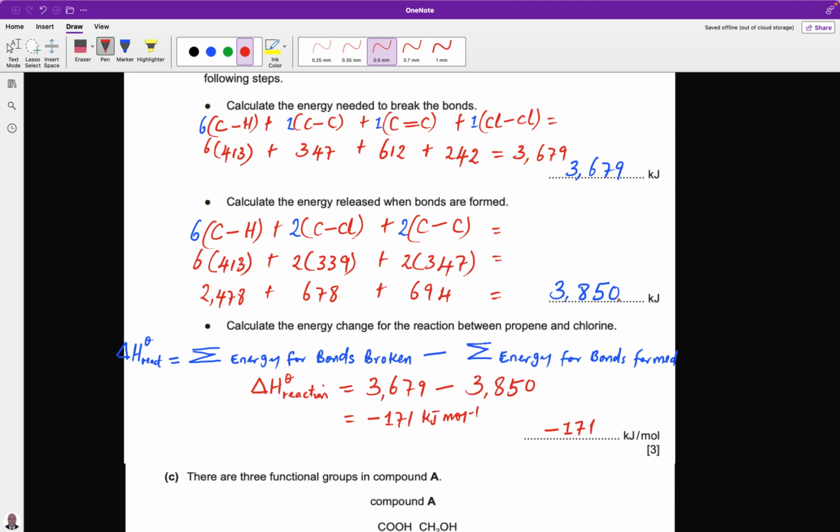Substituting, for bonds broken it will be 3,679, minus for bonds formed, 3,850. When we do this subtraction, the energy change will be negative, that is minus 171 kilojoules per mole, and that will be our answer. If you did that, you have 3 marks.